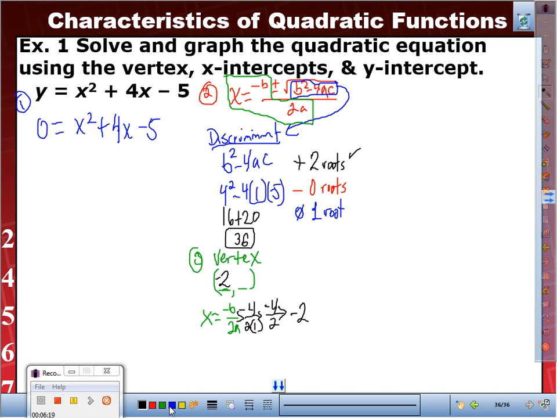So what am I missing? I'm missing a y value, aren't I? So think about it. Don't say it out loud. They gave us this equation originally. Look up. And now I have an x value. How can I find a y value?